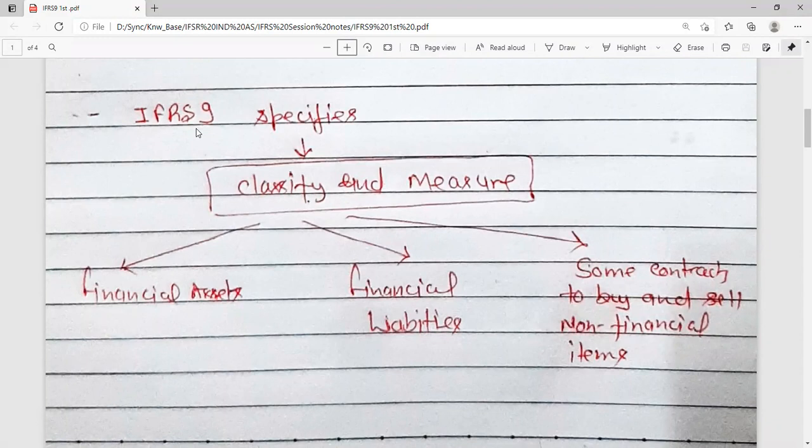But until a real transaction has happened, how can you recognize any amount? If there is a long service, around 6 or 12 months, then we recognize a part: part performed till 31st March and part will be performed later.